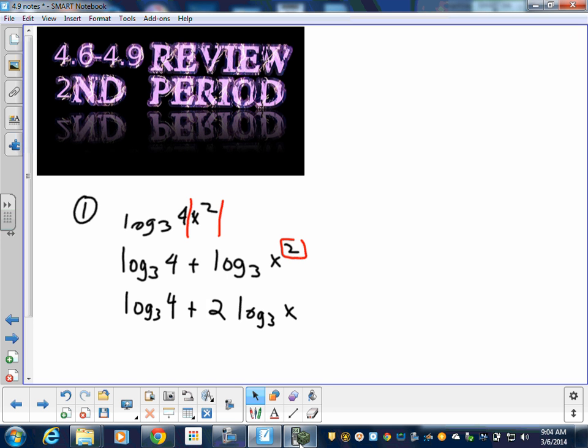You take that 2, bring it down in front, and that becomes 2 times the log of 10. Well, what is the log of 10? 1. So this is 2 times 1. Guys, it works. This logarithm stuff that we're trying to get done, guys, it works.